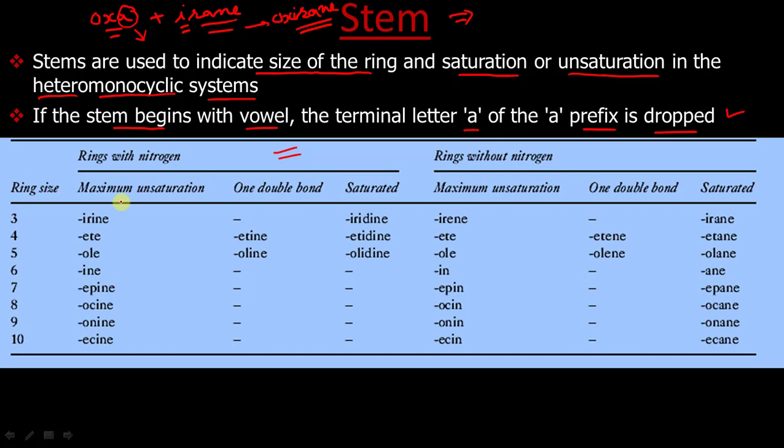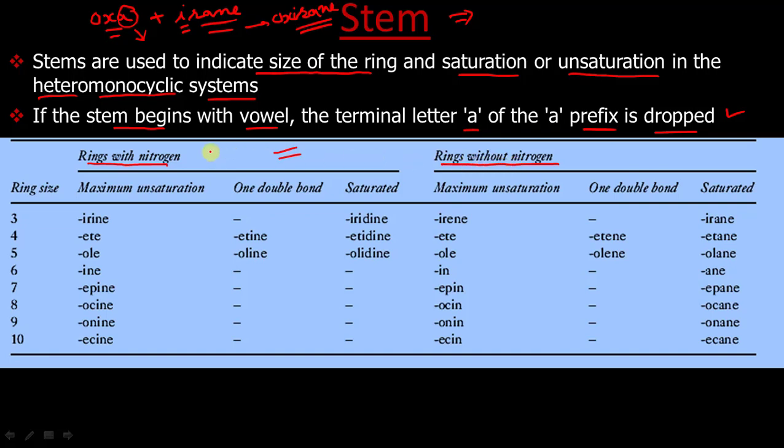If we carefully look at this table, the stems have been divided into two categories: rings with nitrogen and rings without nitrogen. All these rings have different stems.